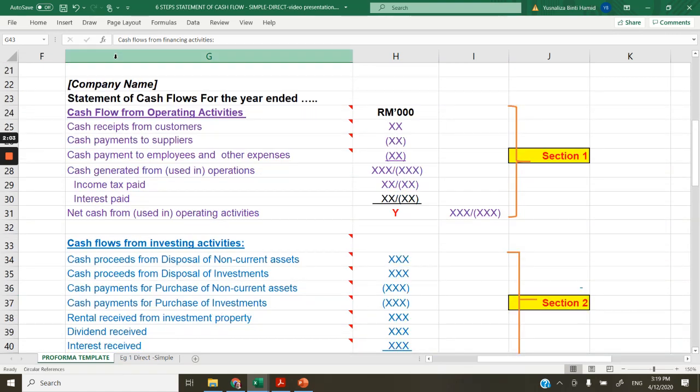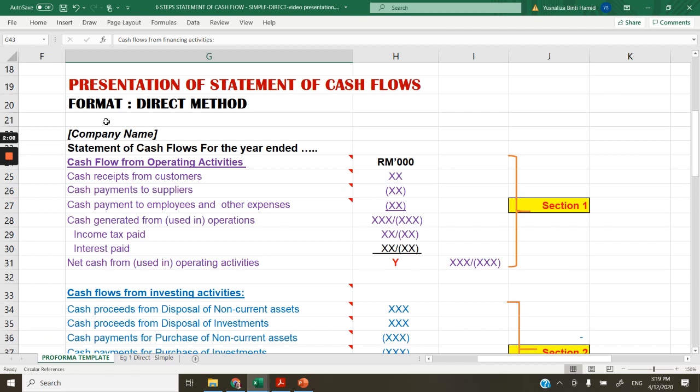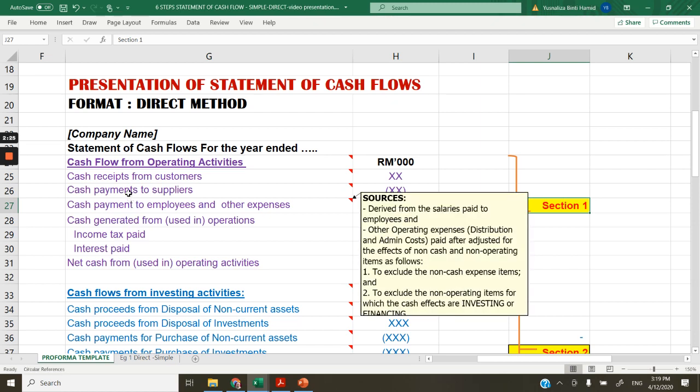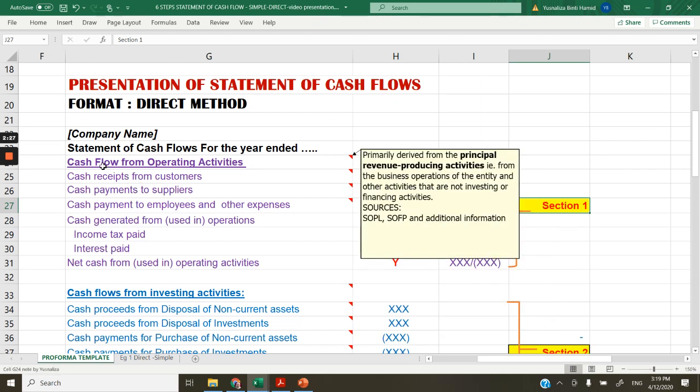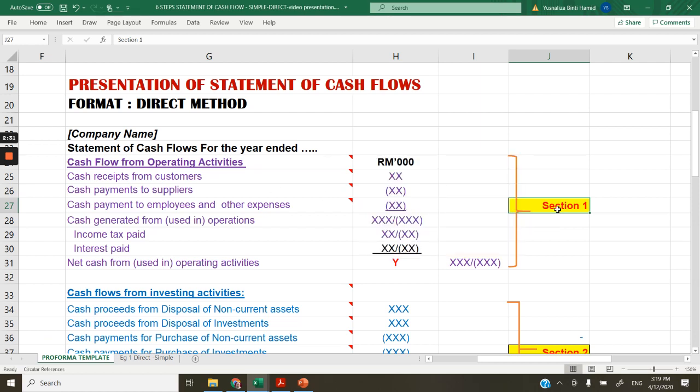However, in this video, I will further explain the presentation of the statement of cash flow using the direct method by putting four sections, where section 1 will be covering what are those items or transactions that need to be taken into consideration to prepare the cash flow from operating activities. This is in section 1.